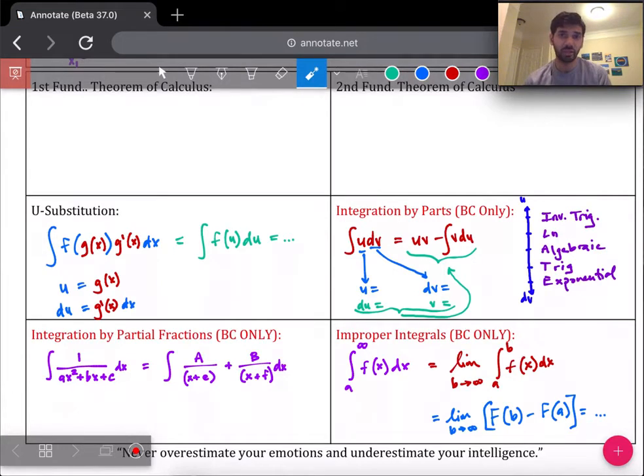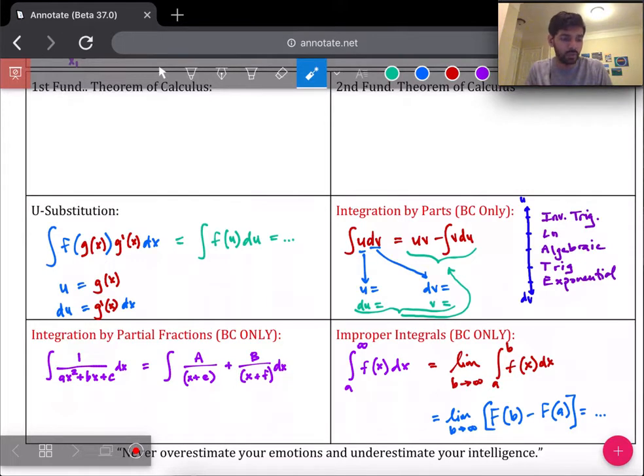And we use the Heaviside method, where you cover up one of the terms, and then you plug in the solution to the factor into the other term, and try to figure out these constants a and b up here, and then you integrate the two terms separately. Improper integrals, the easiest way to recognize that is you see a bound is infinity. Rarely you might see an undefined point in between the two bounds of integration.